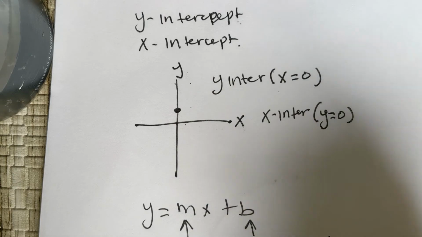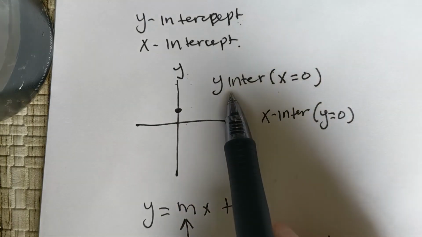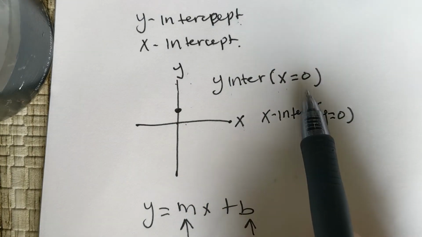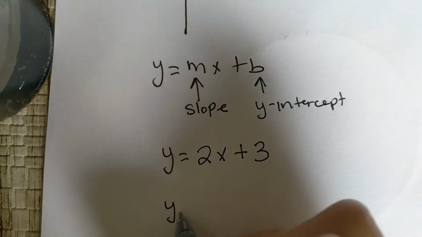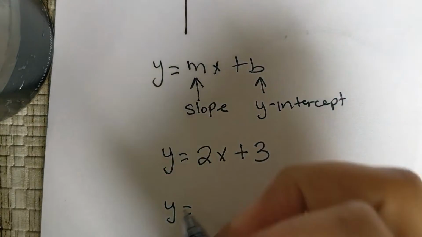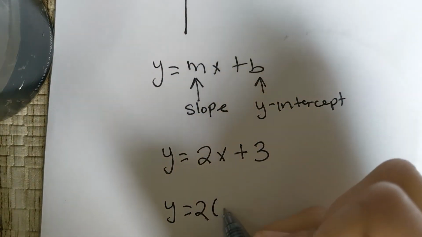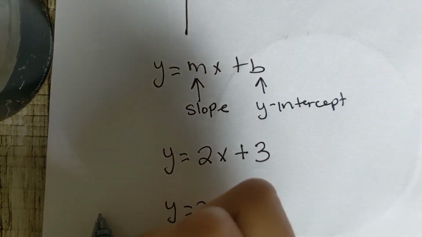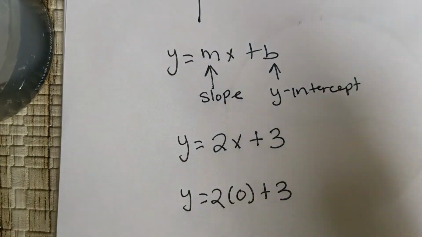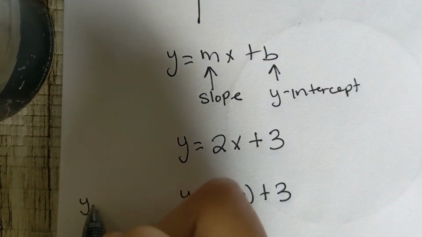So that's exactly what we're going to do down here. So y is equal to 2, and x has to equal 0, plus 3. And guys, just to make it clear, I'm going to write that we're trying to find the y-intercept.